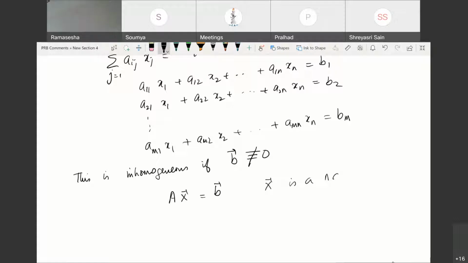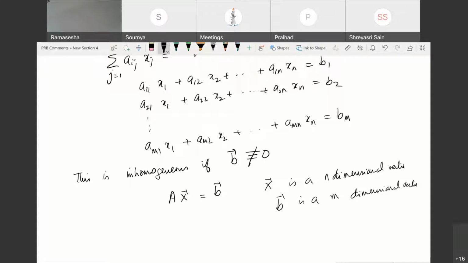It has n components, right? And b is an m-dimensional vector, because the number of components of b is equal to the number of equations, and the number of unknowns is the number of components of x.